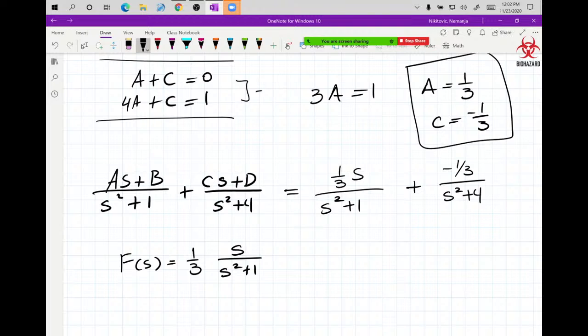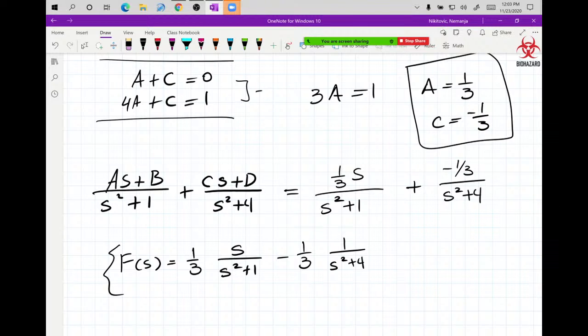You see what I did with the fraction. I put it in front of the expression that I'm going to use for inverse Laplace. And then I put minus 1/3 over here, and then I have 1 over s squared plus 4. And this is where I apply inverse Laplace.